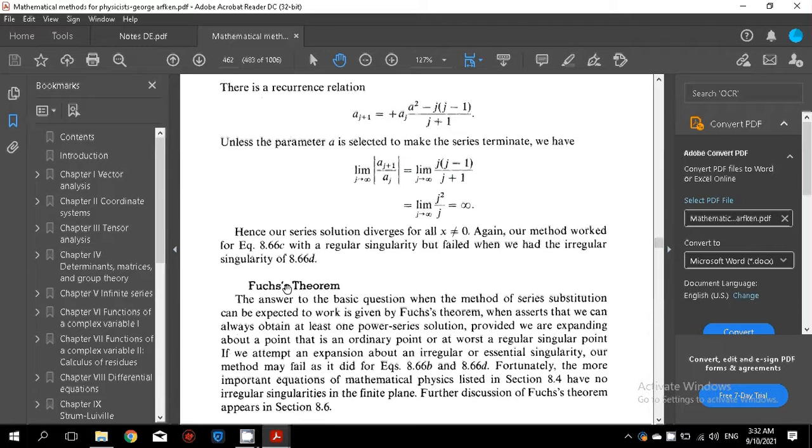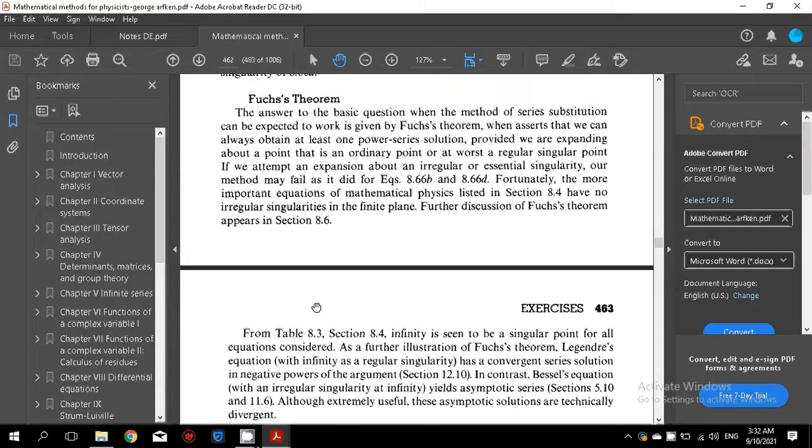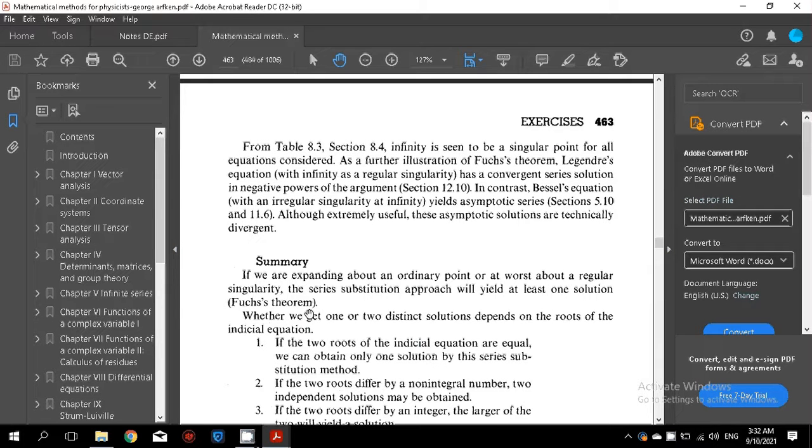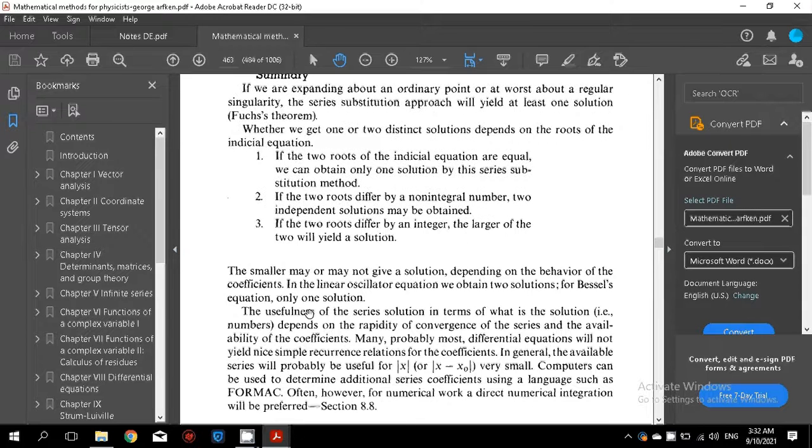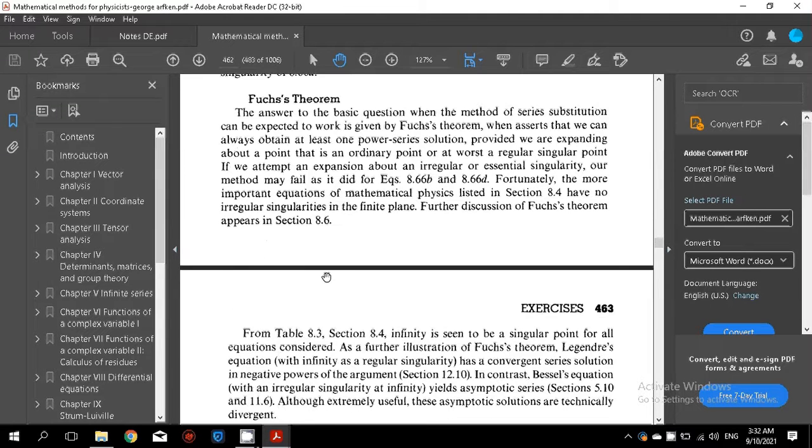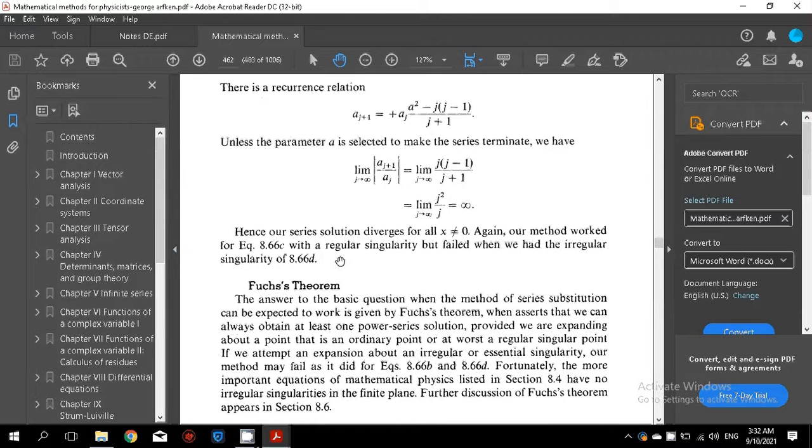So this theorem gives us the criteria, and the main paragraph of this theorem is written over here, but let me read.